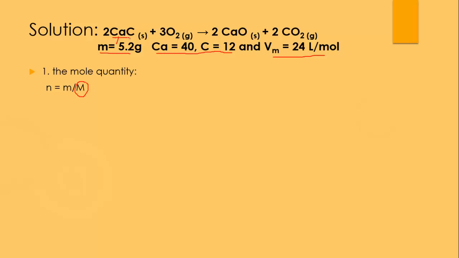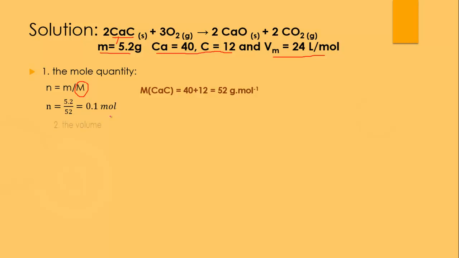Calcium carbide has the following formula: CaC2. We have calcium 40 and we have carbon 12. So if we calculate the molar mass, it is 52 gram. We substitute in the expression, we obtain the mole quantity of calcium carbide. So we got the number of mole of calcium carbide.